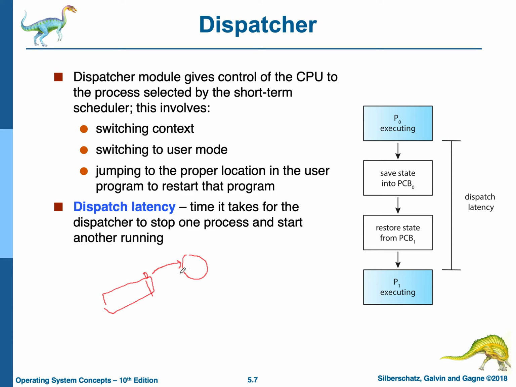We can say that it transfers control of a processor to a process. So the job of a dispatcher is to transfer the control of a processor to a process.